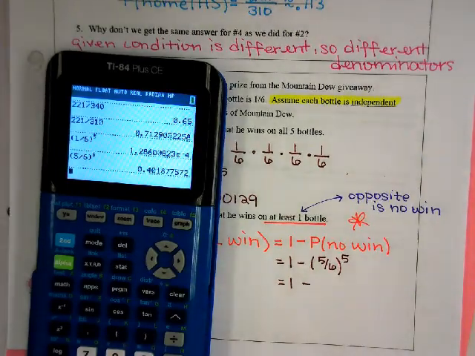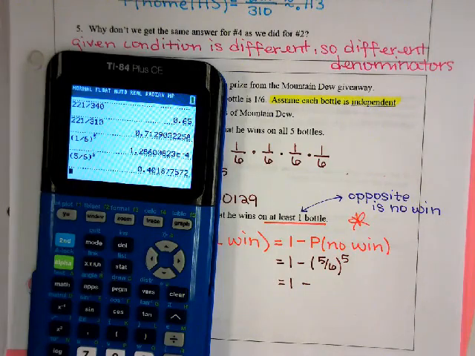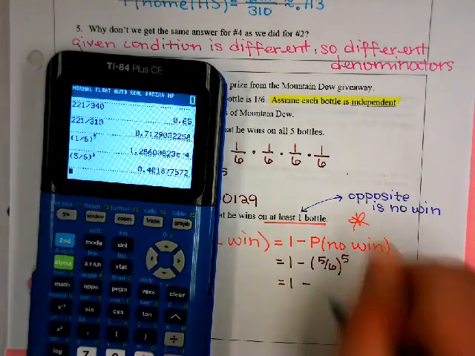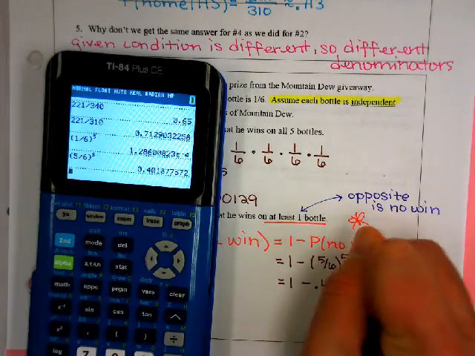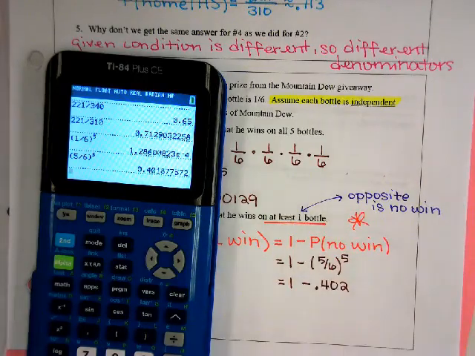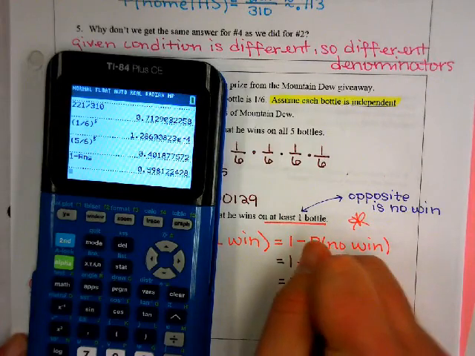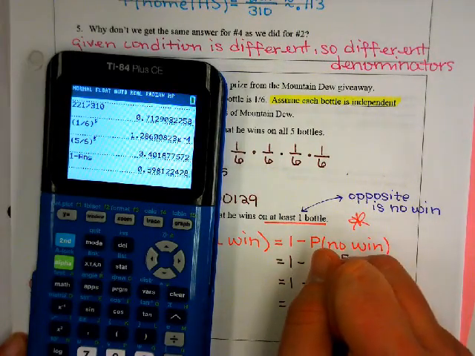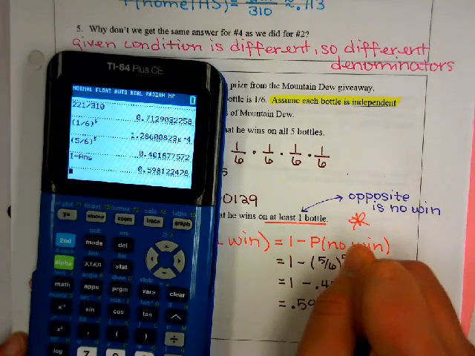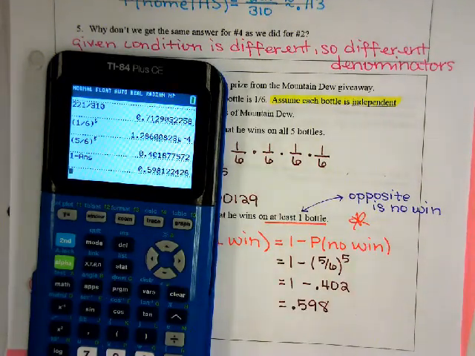And then when I subtract from 1, we would find that he is going to win on at least one about 59.8% of the time. Questions?